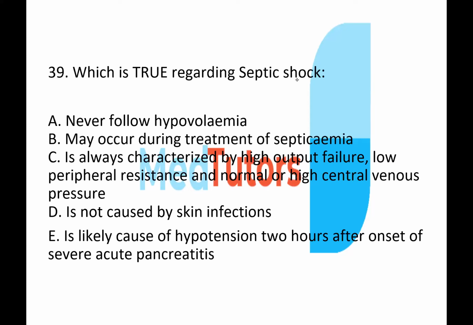When there is that diversion, there is mucosal ischemia of the intestine. Because of mucosal ischemia, there is loss of integrity of the epithelium of the intestine, leading to transmigration of bacteria from the lumen into the systemic circulation, and that will lead to septic shock.